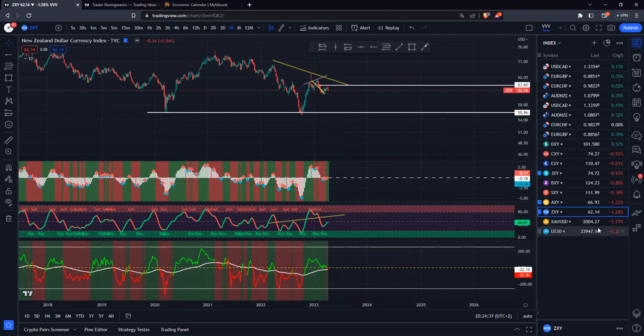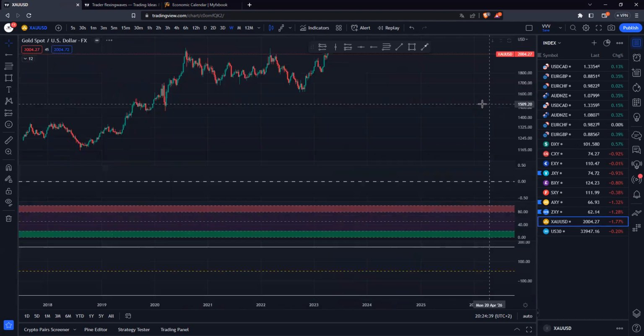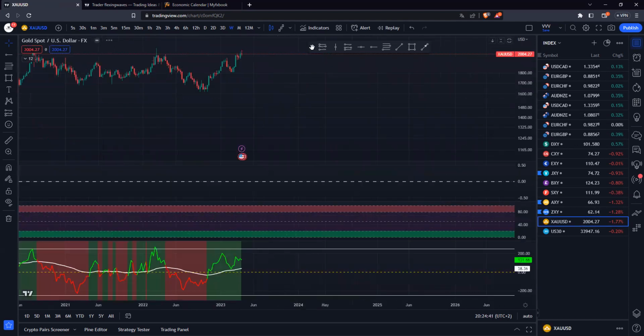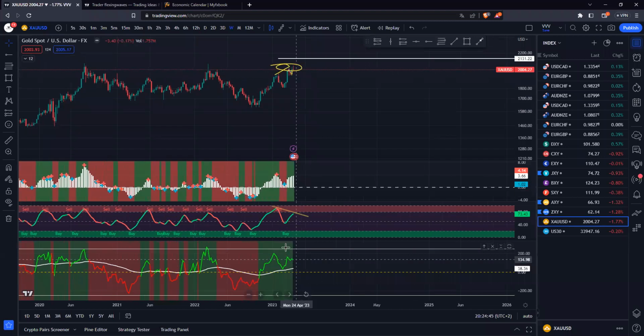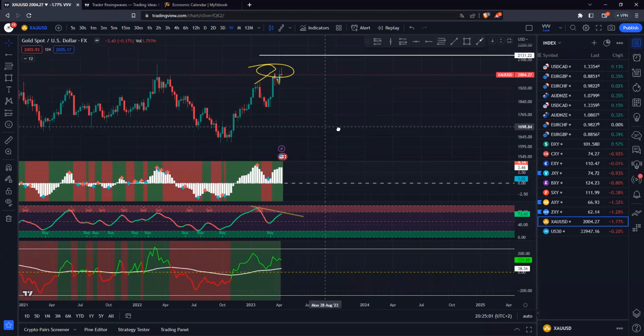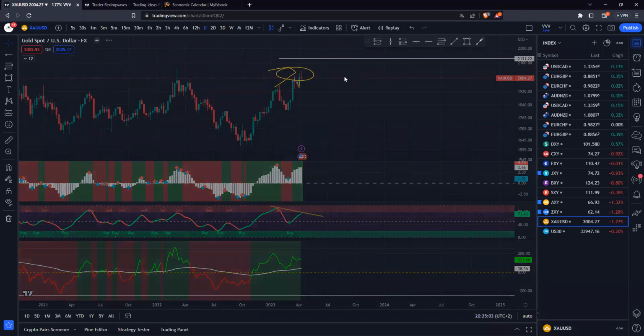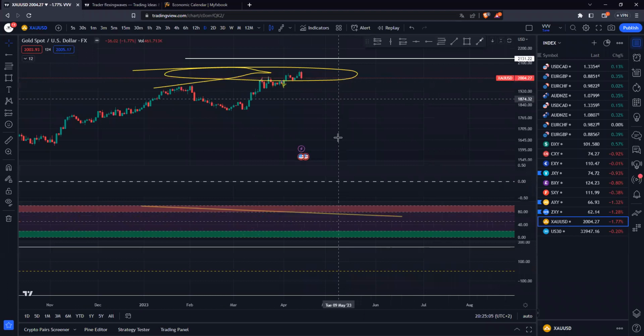Yeah, and the gold, the XAU, making a divergence in the structure, forming a divergence in the destroyer, and maybe, just maybe, a divergence on the VV plus. Okay, that is what I want to see.